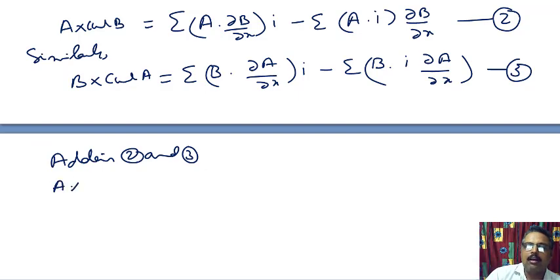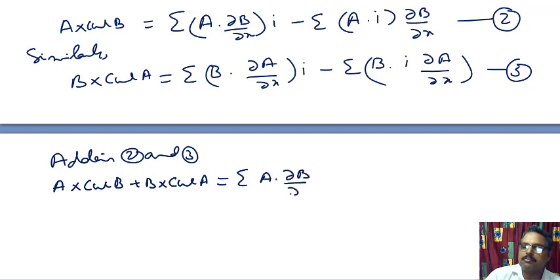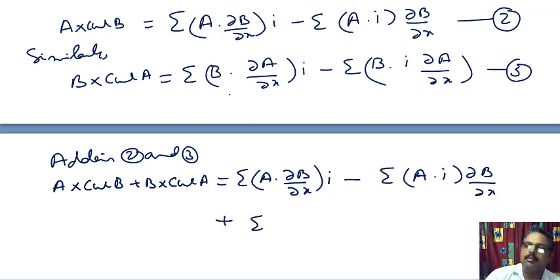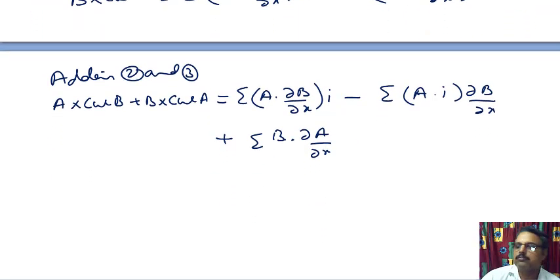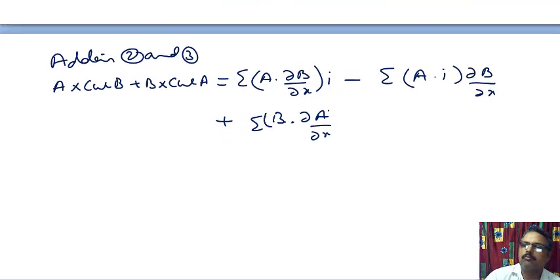A cross curl B plus B cross curl A equals, first term is this one, sigma A dot ∂B/∂x into i minus sigma A dot i into ∂B/∂x plus sigma B dot ∂A/∂x into i minus sigma B dot i into ∂A/∂x.